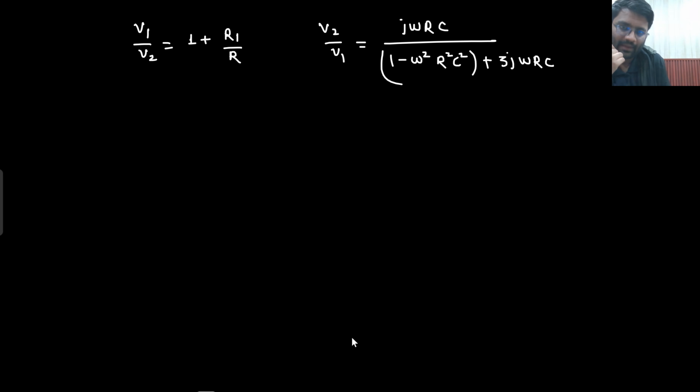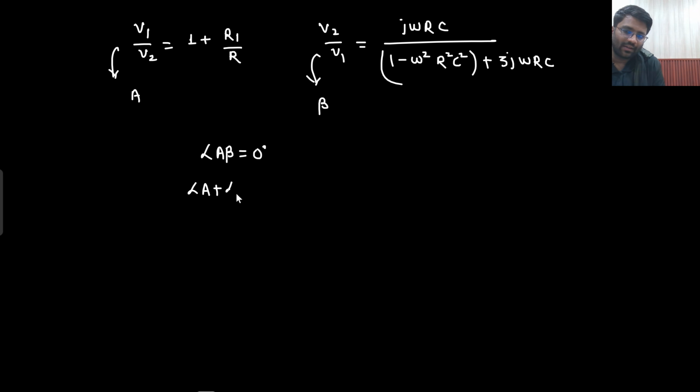Now let's call this A and this beta. The first condition that I need is angle of A beta should be equal to 0 degree. Can I write this as angle of A plus angle of beta should be equal to 0 degree?